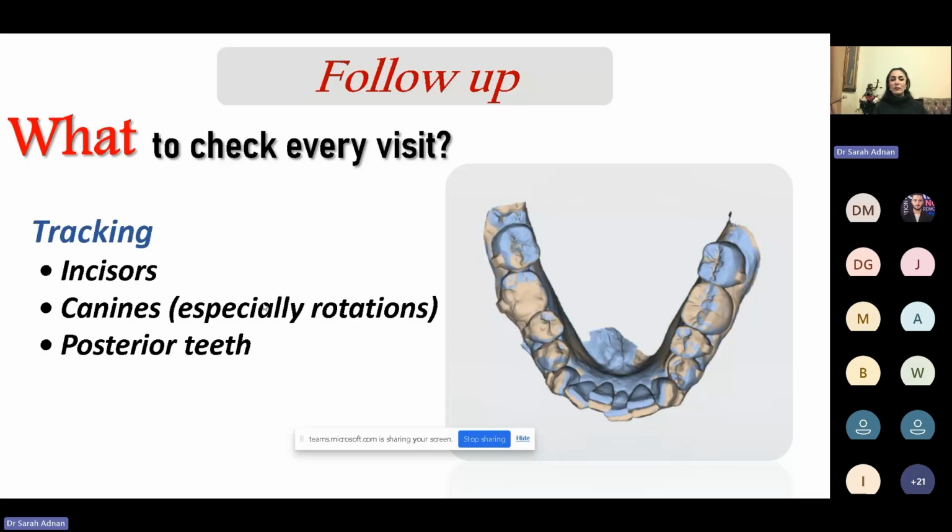Therefore, rotation tracking should be checked carefully during each visit. If you see a loss of track, the tooth is not following the planned tooth movement, there is an issue. It could be in patient compliance, in attachment design, or in the amount of IPR that you perform during the treatment. We will address all of these points in the coming slides.